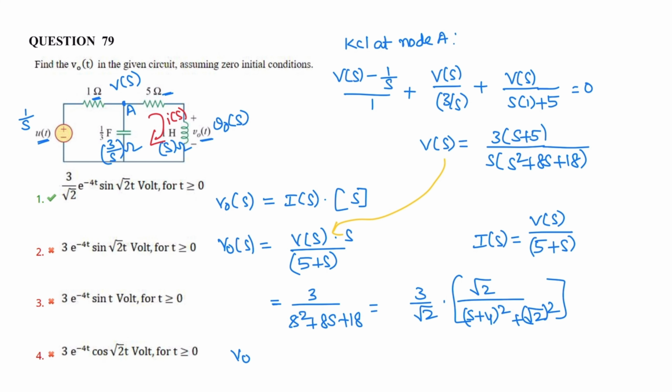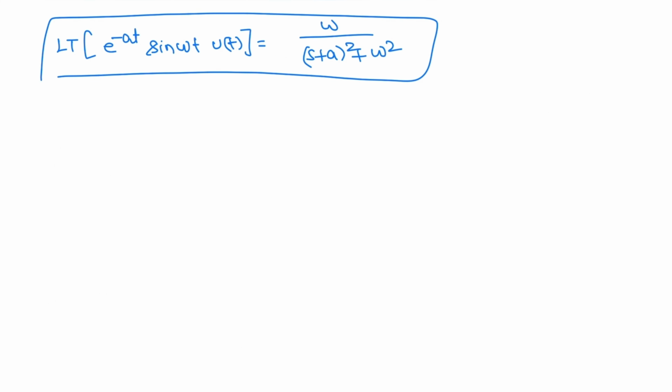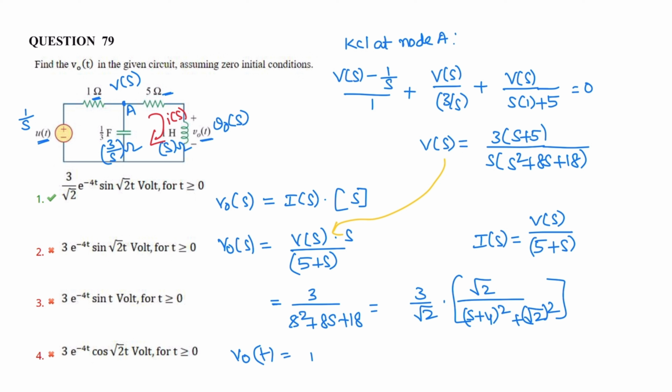Now the output voltage V naught of t, using this formula, is the inverse Laplace transform of V naught of s, that is equal to 3 by root 2 e power minus 4t sine omega t, where omega is root 2. This is the expression for the output voltage V naught of t across 1 ohm, across the inductor of 1 Henry. The correct option is 1.